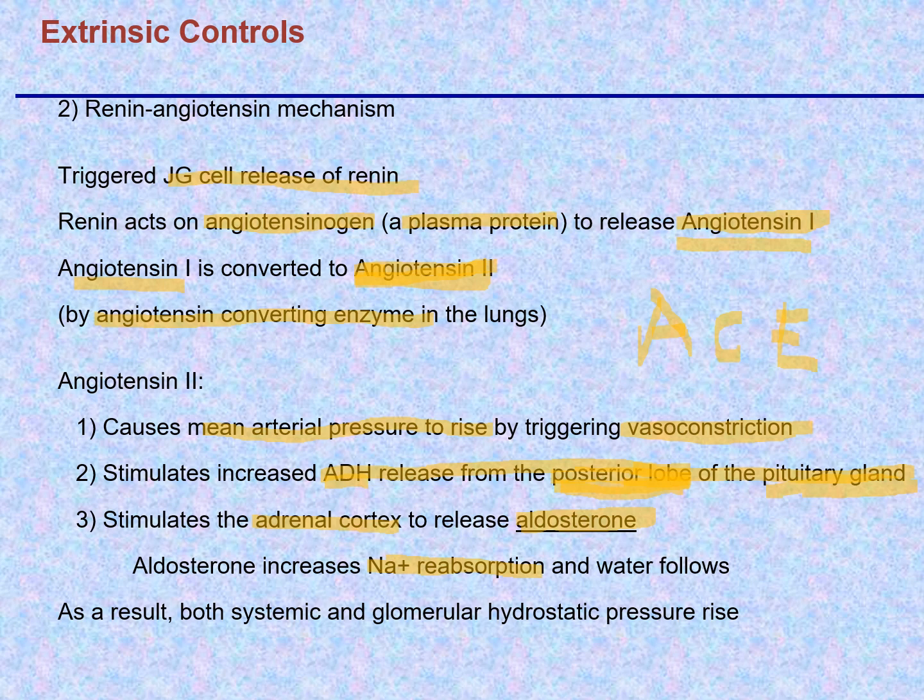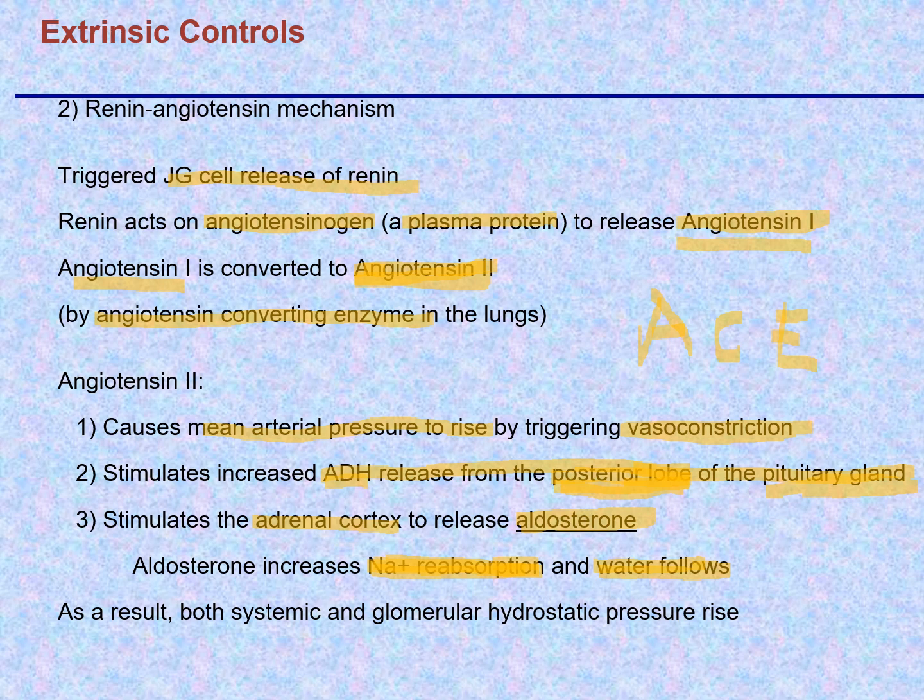And when you have an increase in sodium reabsorption, you also have, hand in hand, increased water reabsorption. That's what I mean by water follows. Increased sodium reabsorption will be accompanied by increased reabsorption of water, again helping to maintain or raise the blood pressure.